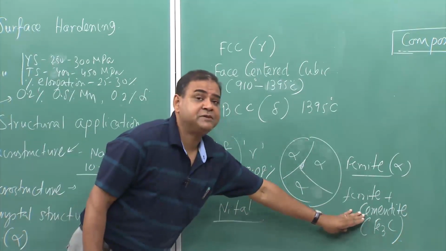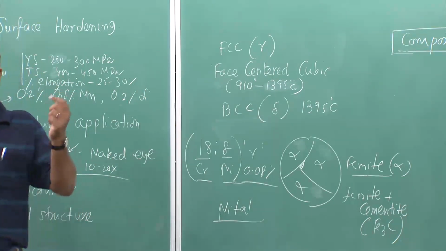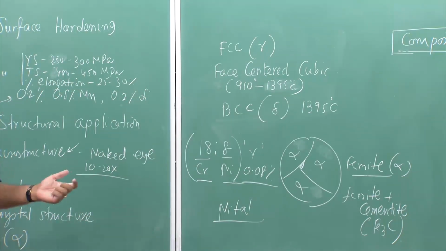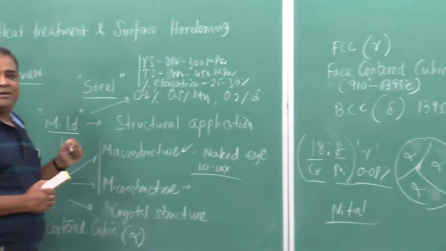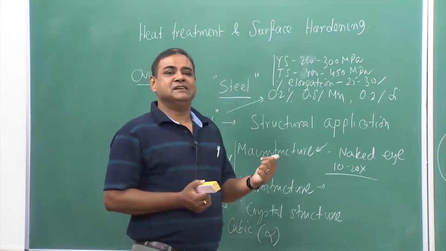Because of the presence of cementite, which is a very hard phase, the strength increases. Both yield strength and tensile strength increase compared to a lower carbon steel.